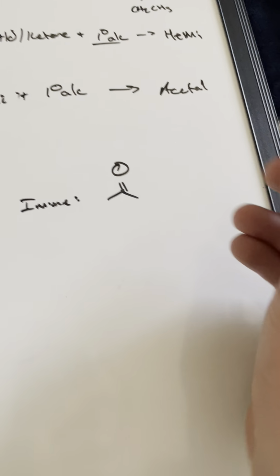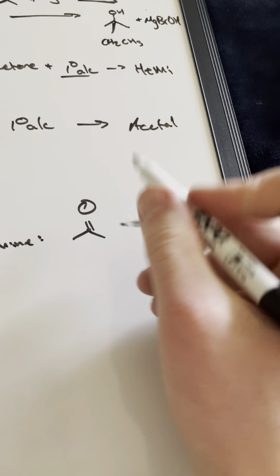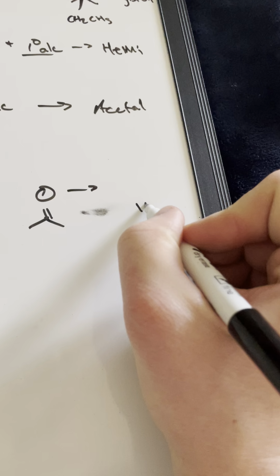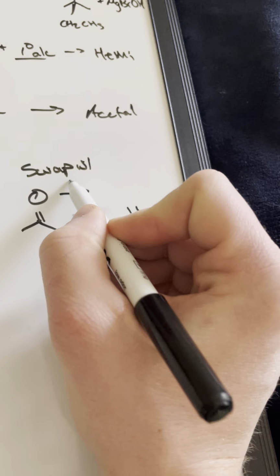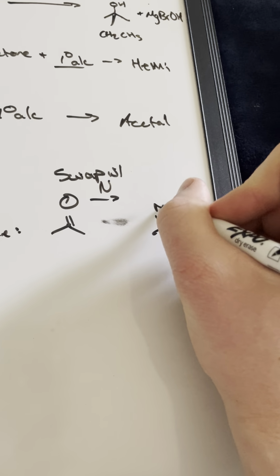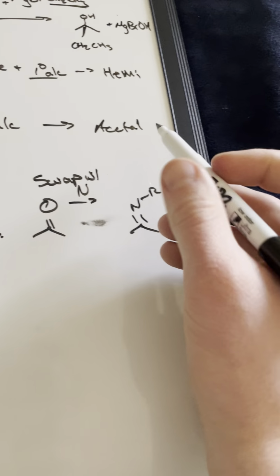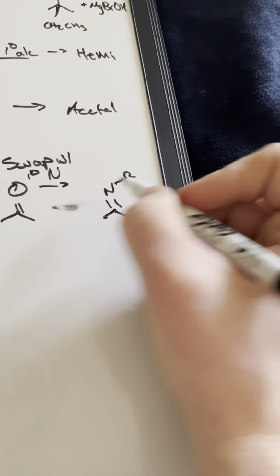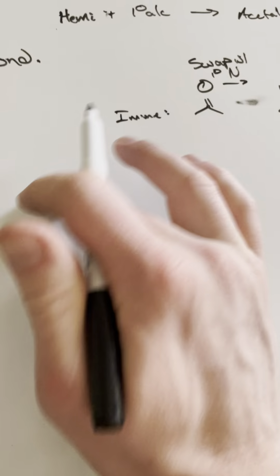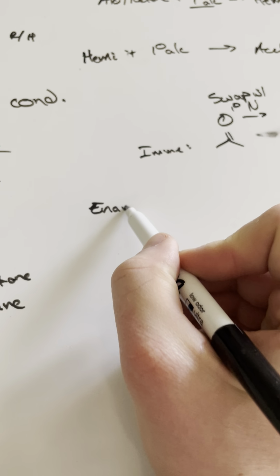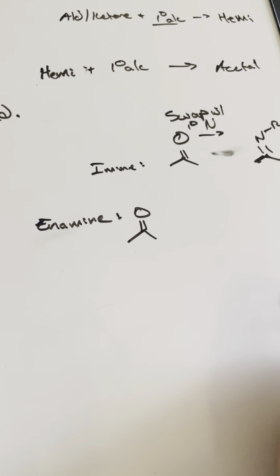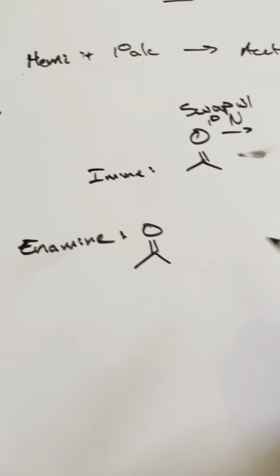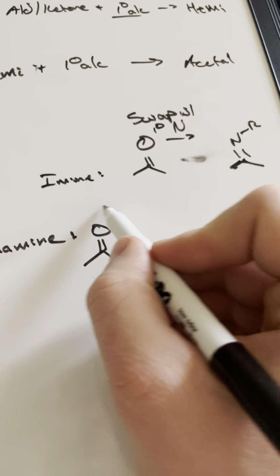But pretty much for your imine, you're going to start with the carbonyl bond, and then you're just going to swap the O for whatever amine you have. Swap with N, and then whatever R group, with a primary amine. It's just a simple swap. Enamine is a little different. So you're going to have your carbonyl, and you're going to make double single.